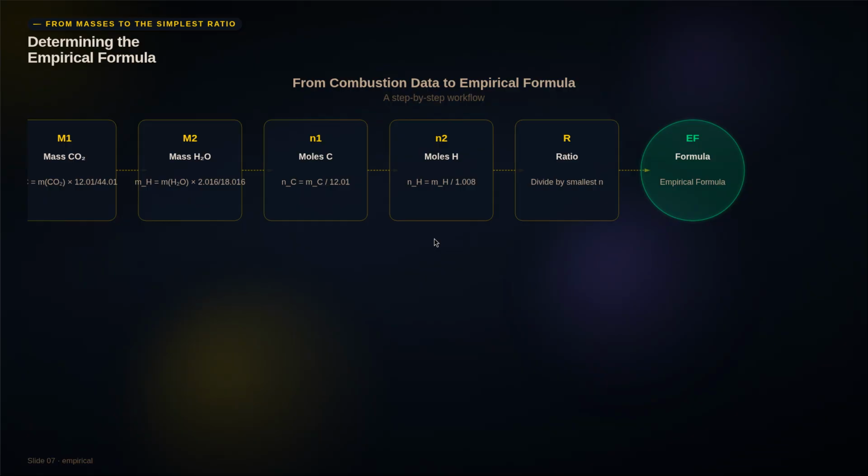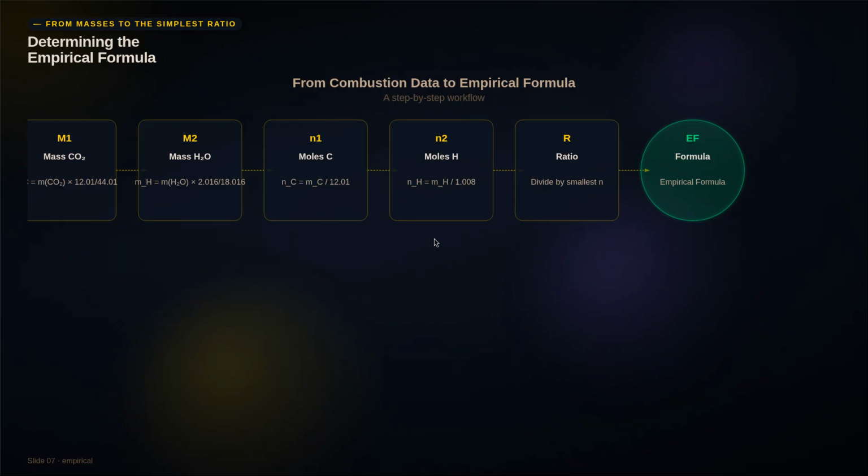For example, a 0.200 gram sample of a compound containing carbon, hydrogen, and oxygen produces 0.440 grams of CO2 and 0.180 grams of H2O. The mass of carbon is 0.440 times 0.2729, which equals 0.120 grams. The mass of hydrogen is 0.180 times 0.119, which equals 0.0201 grams.